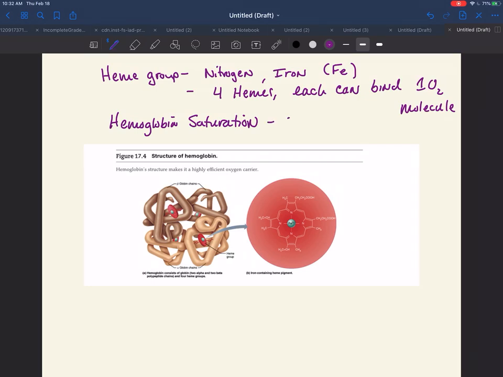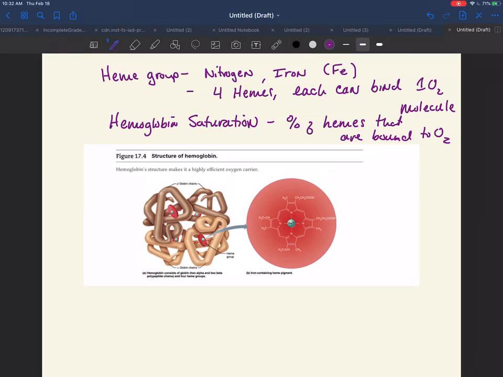So hemoglobin saturation has to do with the percent of hemes that are bound to oxygen. So if it's 100%, then all 4 of the hemes have oxygen. If it's like 50%, then maybe only half of them have oxygen.